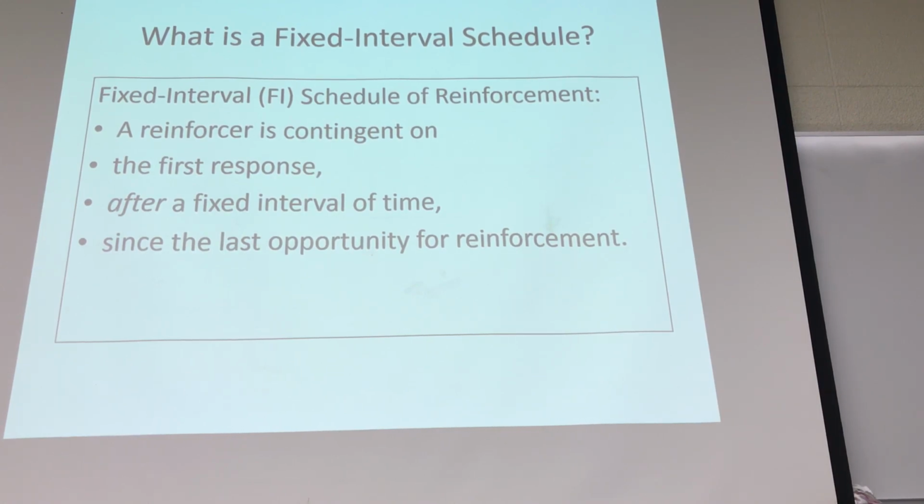The first response that occurs after 10 seconds will be reinforced. So it goes shorter, shorter, shorter. 10 seconds has elapsed. The first response that occurs after 10 seconds will be reinforced. Fixed interval schedule of reinforcement.